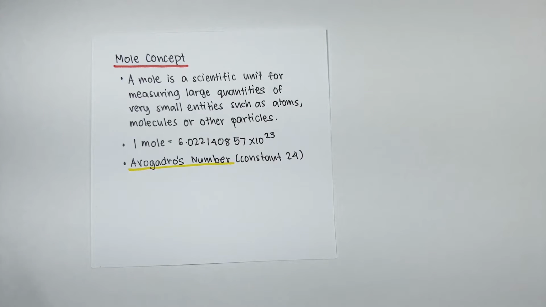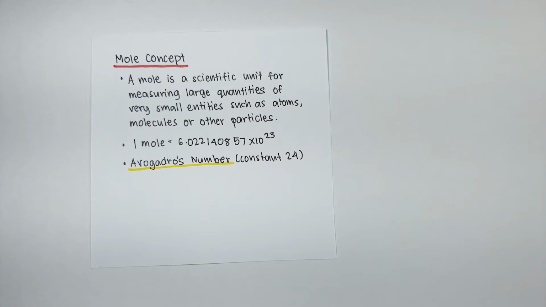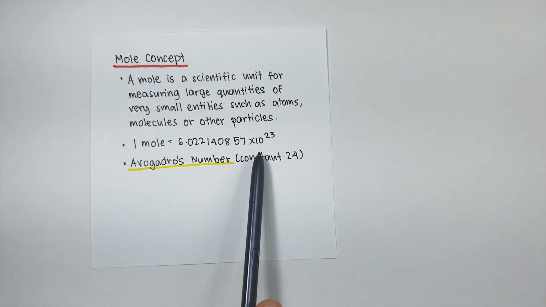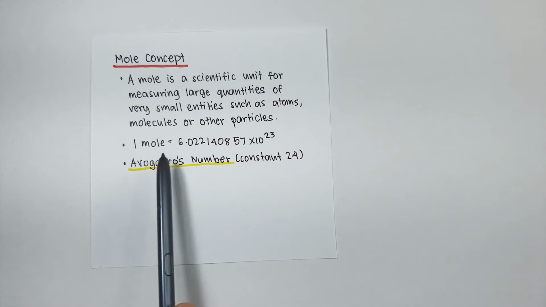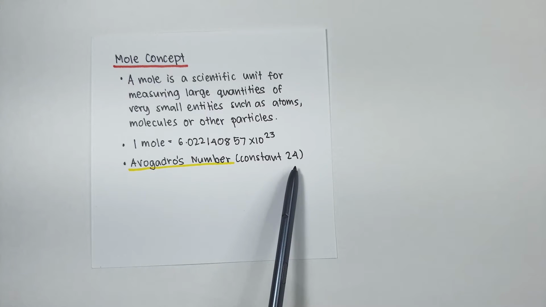Again ang 1 mole is equal to 6.022 times 10 raised to 23. So, instead na sabihin natin yung buong number na 6.022 times 10 raised to 23, para mapadali buhay natin, sabihin mo na lang 1 mole. Okay? So, itong 6.022 times 10 raised to 23, yan ay ang Avogadro's number. And that is constant 24 sa calculator.